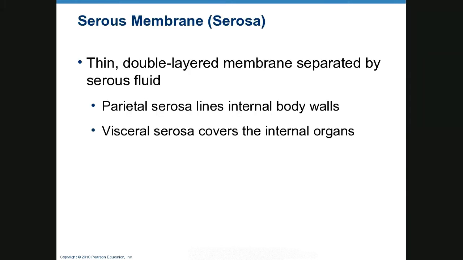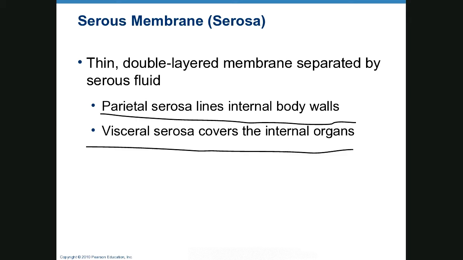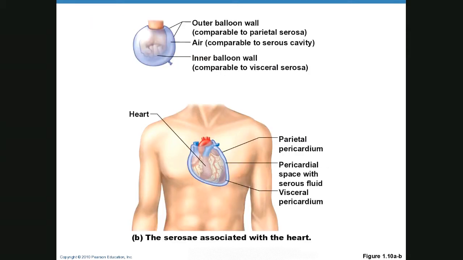Okay, the serosa is a membrane that separates all these cavities. It lines the walls. Parietal serosa lines the body walls. Visceral serosa is actually the outer coating of an organ. So in your gut, the visceral serosa is the outside of that gut, whereas the peritoneal lining is actually the parietal serosa. Now this is showing a balloon, a hand in a balloon.